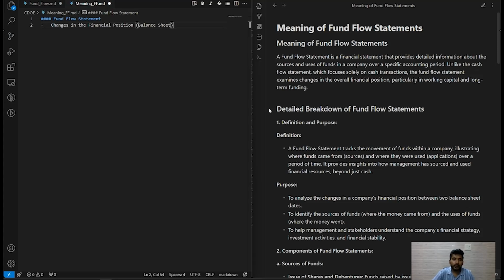So, in other terms, it is tracking the changes in the balance sheet of the company. Unlike the cash flow statement. Why? Because the cash flow statement only focuses on cash transactions, but fund flow always identifies the overall financial position.